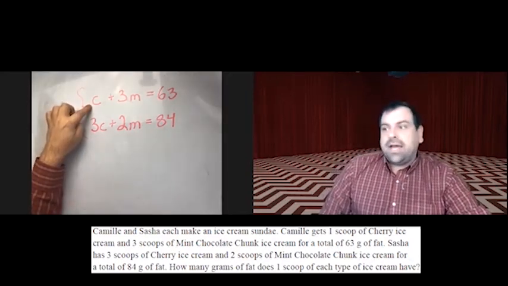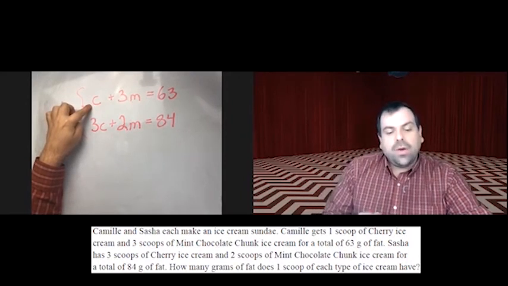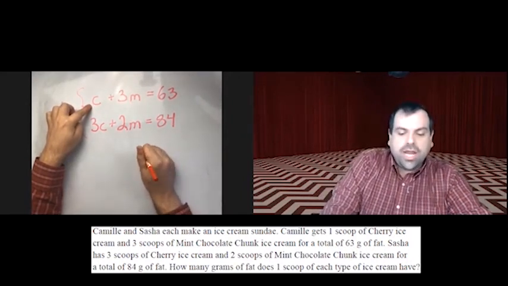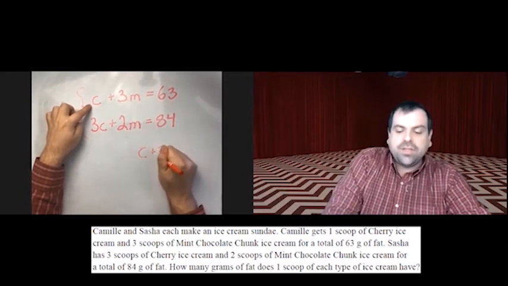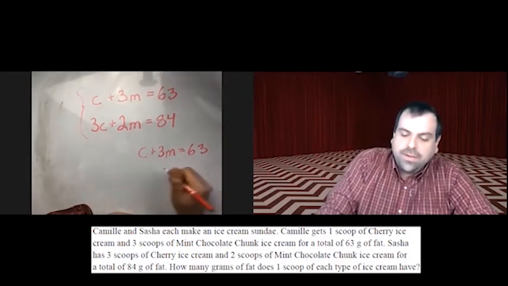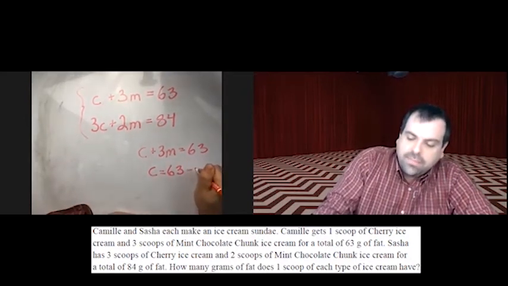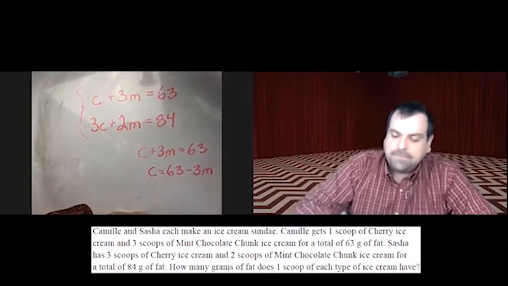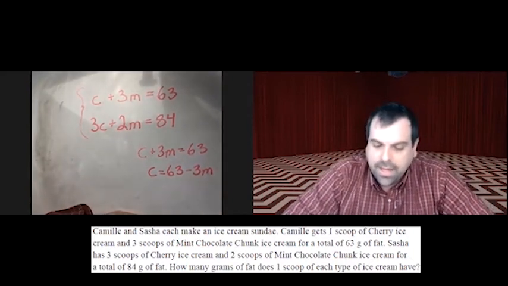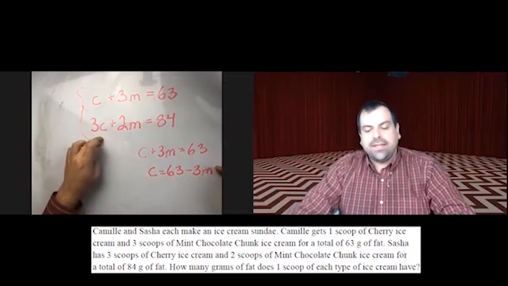Because this C is by itself, I'm going to go ahead and change C plus 3M equals 63 into C equals 63 minus 3M. And I'm going to take that C and I'm going to plug it into the second one.